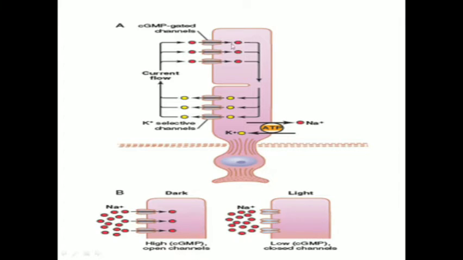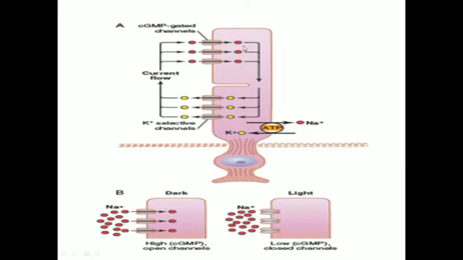So there is continuous influx of sodium ion through these cyclic GMP gated channels. As a result, under normal dark conditions, there is reduced electronegativity inside the membrane of the rod.